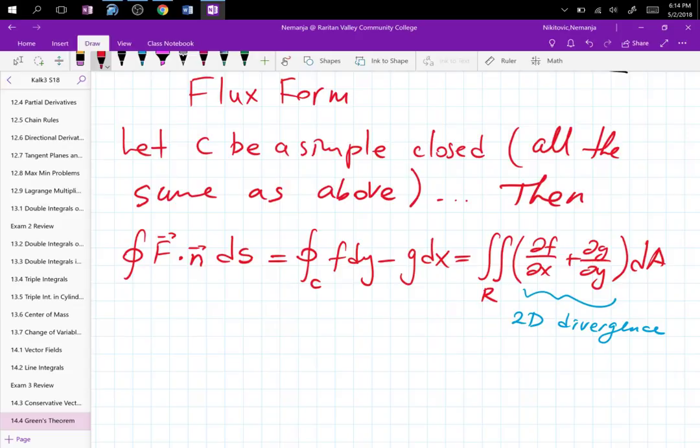And a good example for this would be to calculate the outward flux of the radial field, because the radial field is the one that we have.